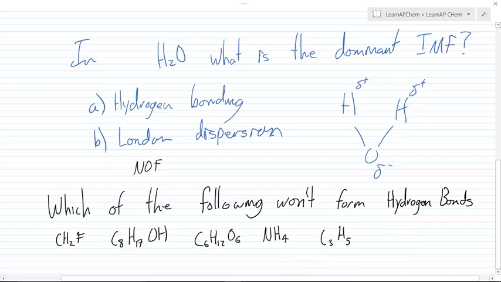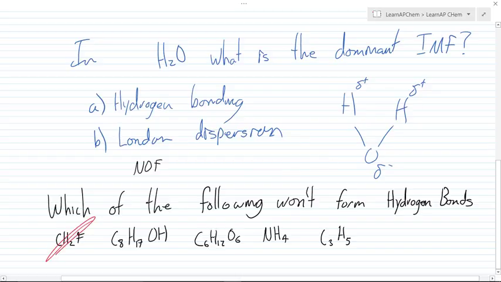In a more complicated or challenging problem, they might give you something where everything has N, O, or F, and it's up to you to draw the right Lewis structures and say, oh, in this case, my hydrogen isn't actually bonded to N, O, or F, and so it doesn't have hydrogen bonds.